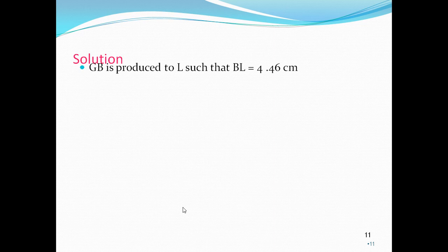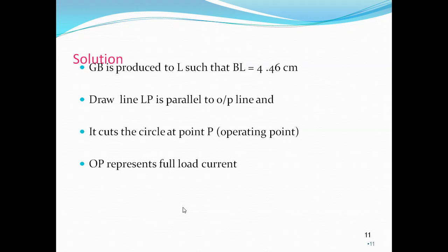We have to take the first of the two points and mark that point as P, and next join the points OP. So now, as I told, draw LP parallel to the output line AB.